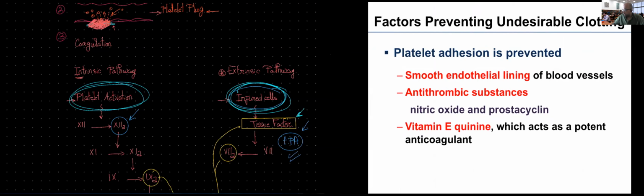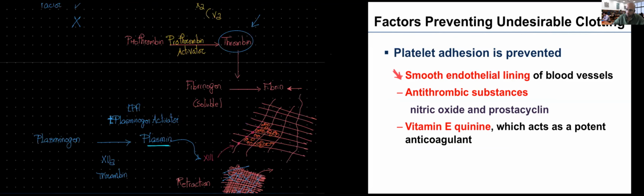Factors that prevent the formation of blood clots in intact vessels include that you don't have activation of the platelets in intact vessels. Remember what allowed the activation of the platelets to take place? I've lost my endothelial lining, exposing the underlying collagen fibers.